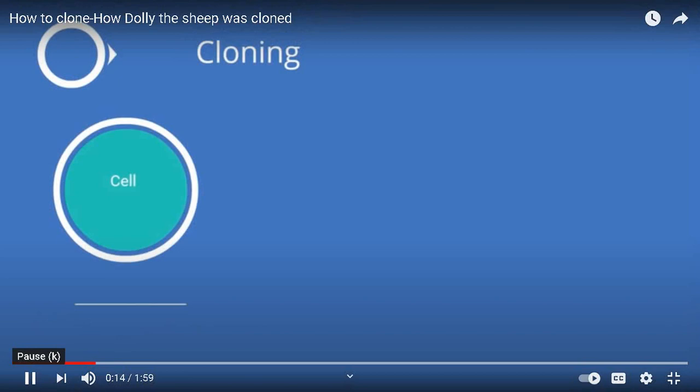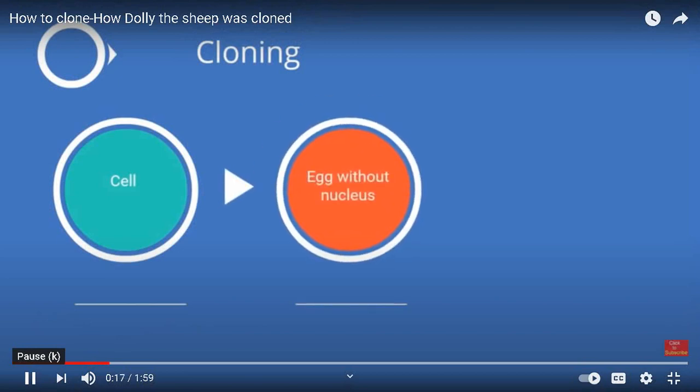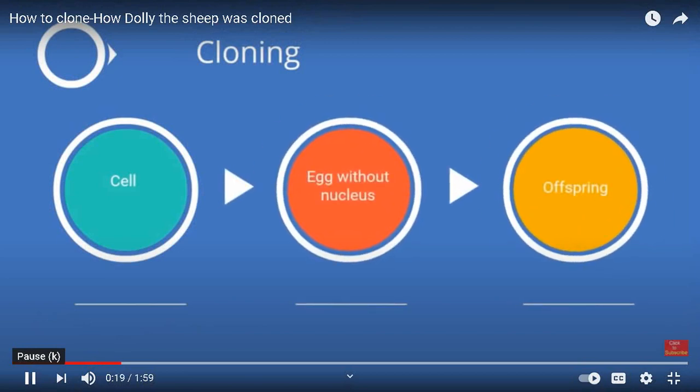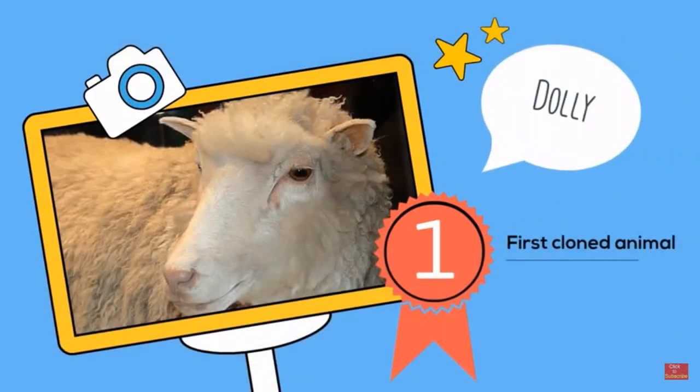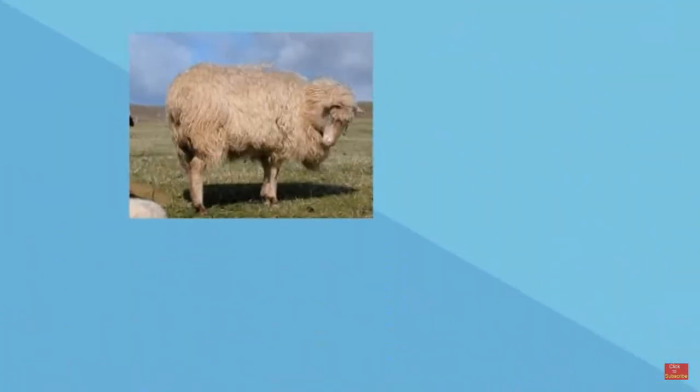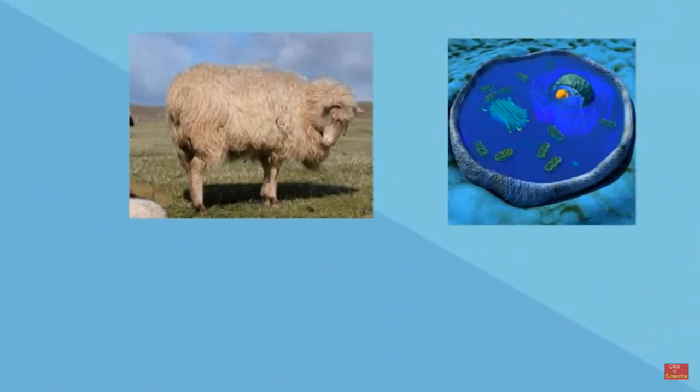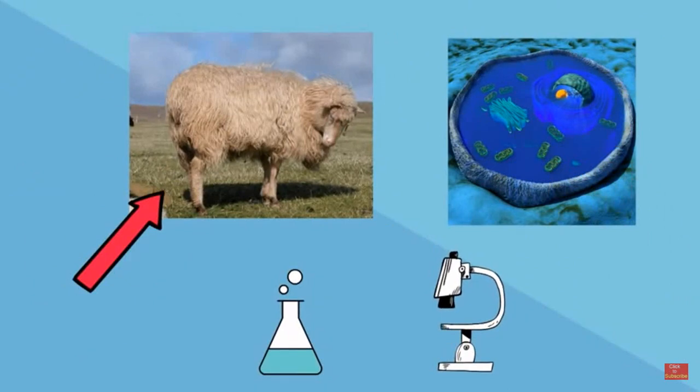Then you take an egg without a nucleus, and then basically you get an offspring. Let's see how it's a little bit more involved. Dolly was the first animal that was cloned, almost 20 years ago. Here's what happened. Step 1 was to remove a cell from the udder of sheep number 1. They then took this cell back to the laboratory and starved it in order to force it into an almost embryonic state.